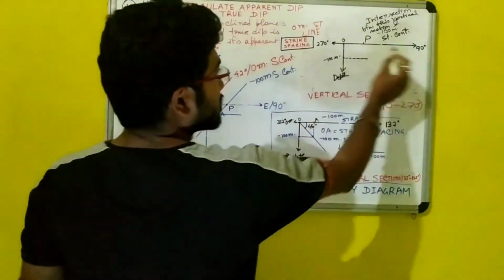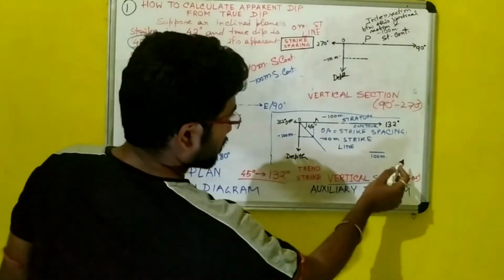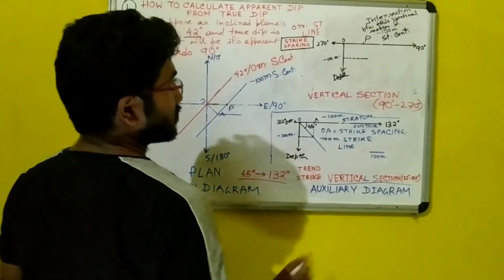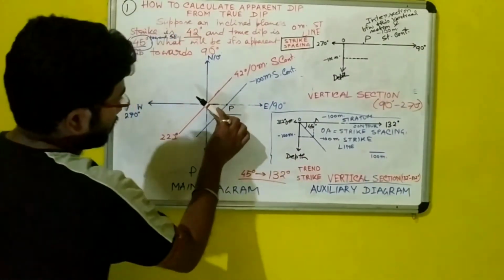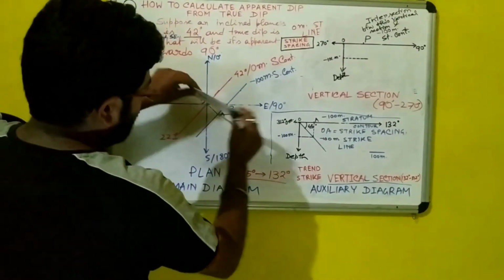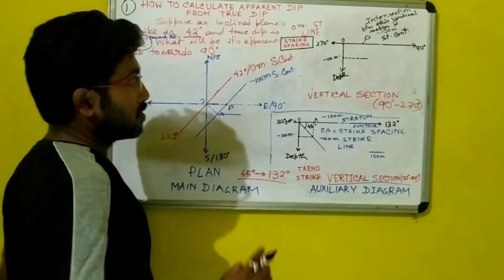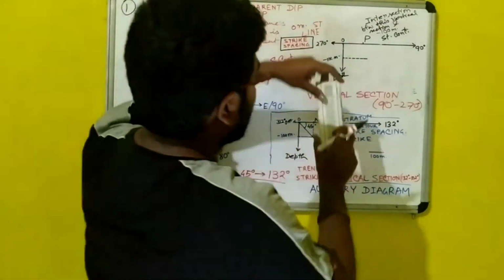This vertical section's trend is not similar to 132 to 312. This is 90 to 270. This was this section and this is another section. So please keep this in mind.